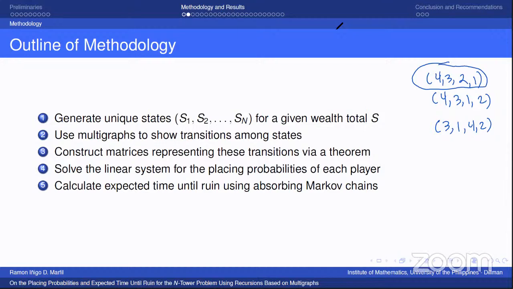And this step 4 will involve a recurrence of the algorithm that we will use. Because we cannot solve the placing probabilities using just one iteration, we will do it by reducing the number of players by 1 in each iteration. And the last step is we calculate the expected time until ruin using absorbing Markov chains.